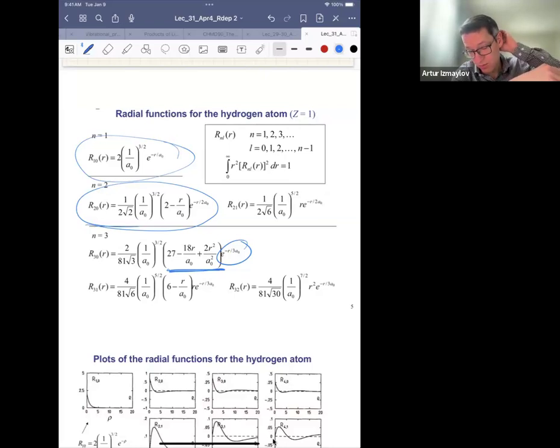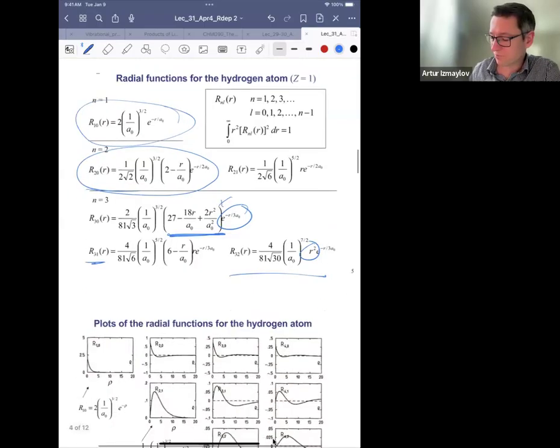So with l equals 0, and then larger l, you get more oscillations, because this one is 3p and this one is 3d. The polynomial part is actually quite simple, while here it has more components for the s.